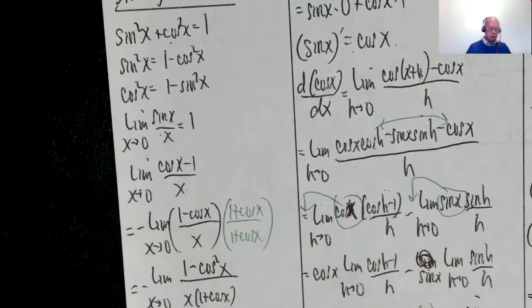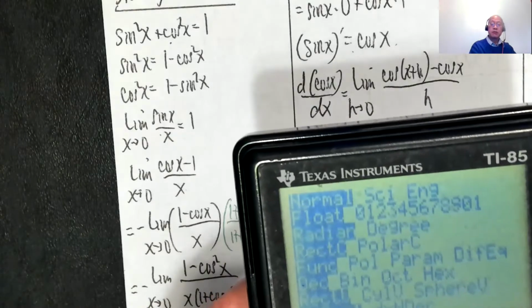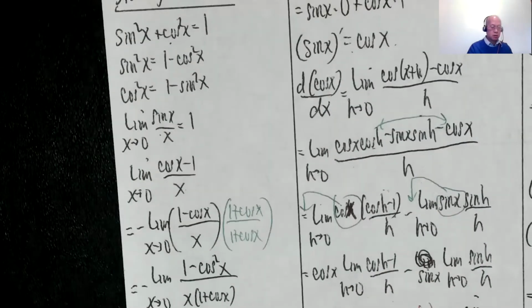Just for fun, let me show you the sine of a very small number divided by the number itself in terms of a limit. Let me set that up for you, making sure that I'm in radian mode in my calculator. My calculator is in radian mode, that blinking thing there.